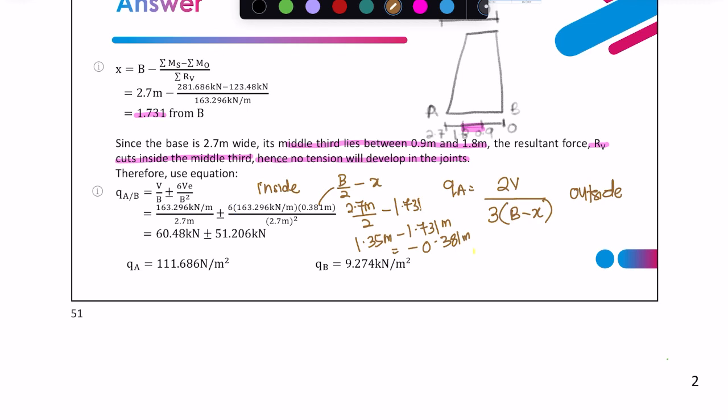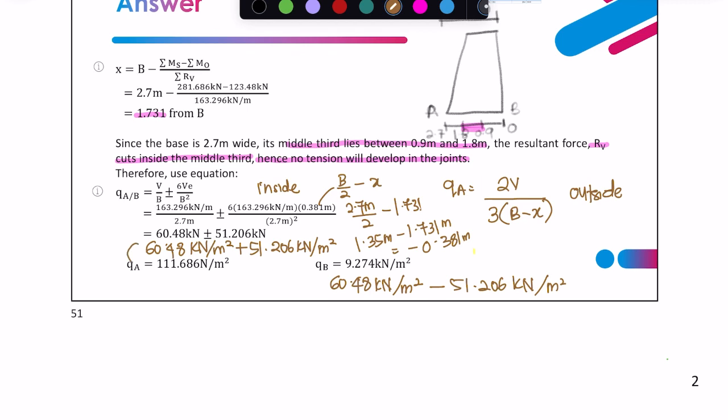For QA, it will be 60.48 kilonewton per meter square plus 51.206 kilonewton per meter square. While for QB, it will be 60.48 kilonewton per meter square minus 51.206 kilonewton per meter square.